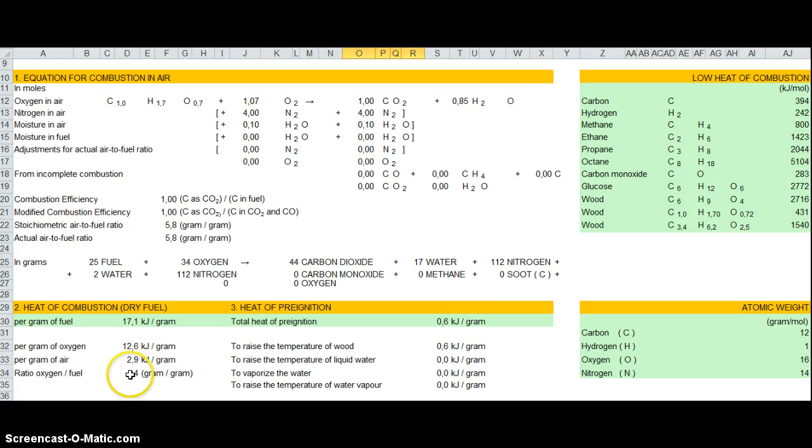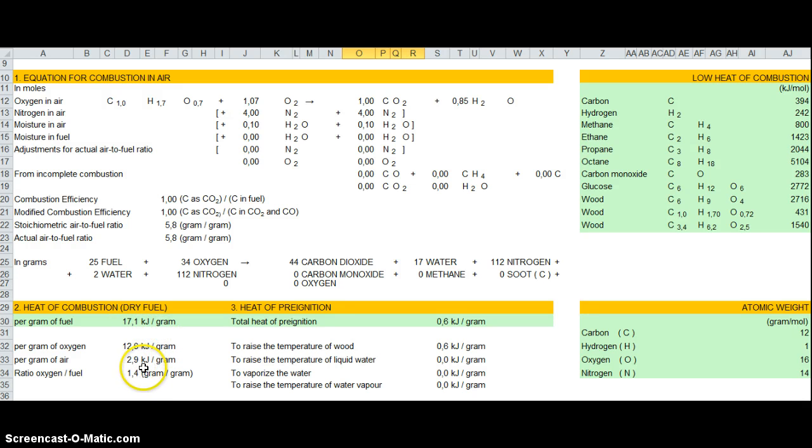Now we can see also that using this equation of combustion, you can also express the heat of combustion not only per grams of dry fuel, but also per grams of oxygen used. So in this case, you have 12.6 kilojoules of heat released per each gram of oxygen.